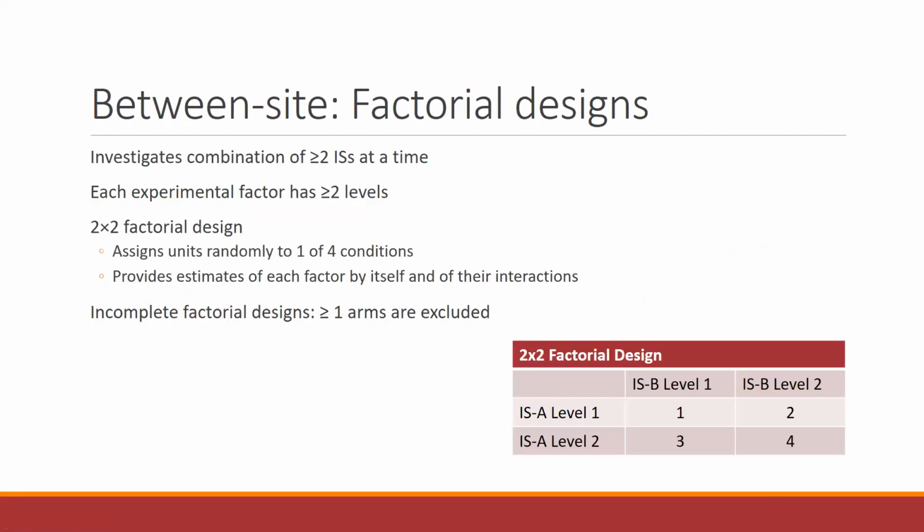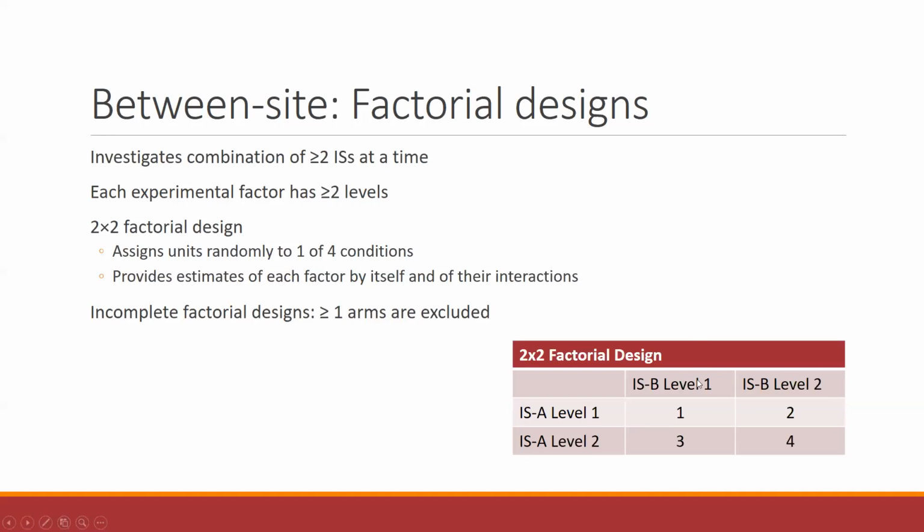One example of a between site design would be a factorial design. And here what you're doing is looking at the combination of several implementation strategies at one time. You can think about it as a 2x2 table for a 2x2 factorial design.